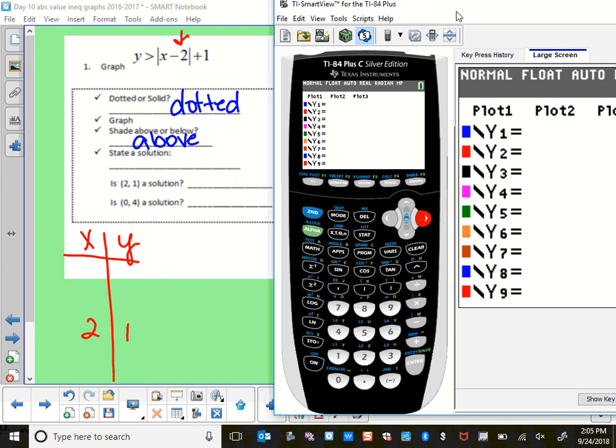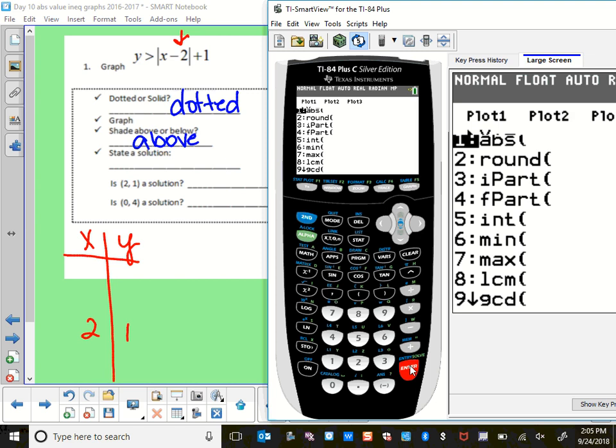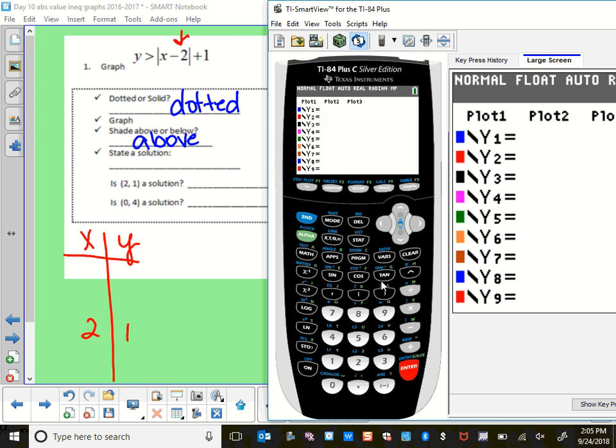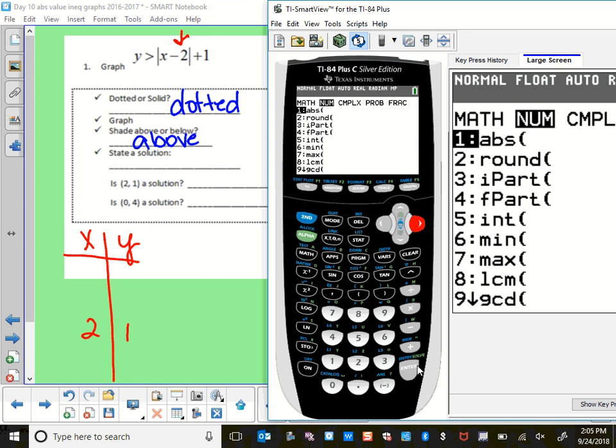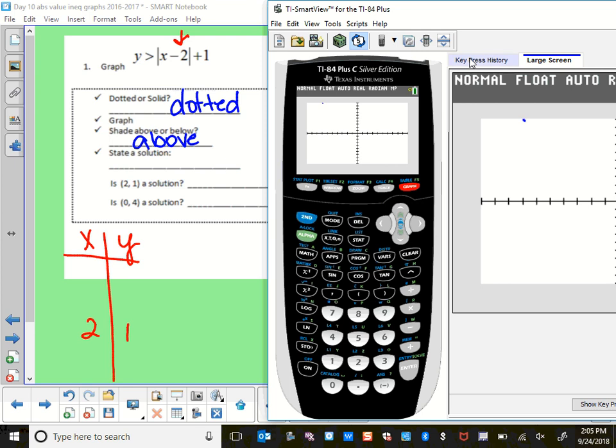All right, so my equation is absolute value. So math over the number, it's abs. And we're gonna type in x minus 2. I'm gonna scroll out and then add 1. I'm gonna graph it so I can see what it looks like.